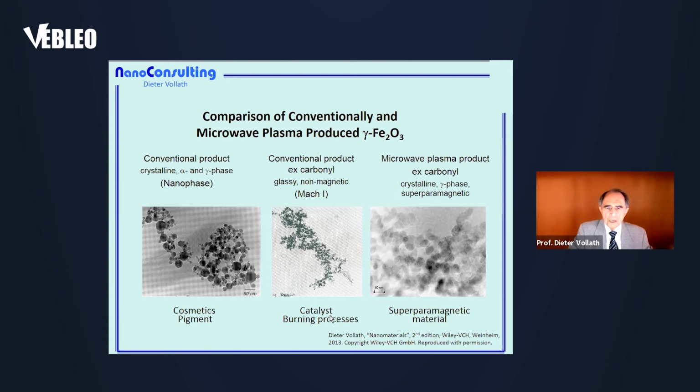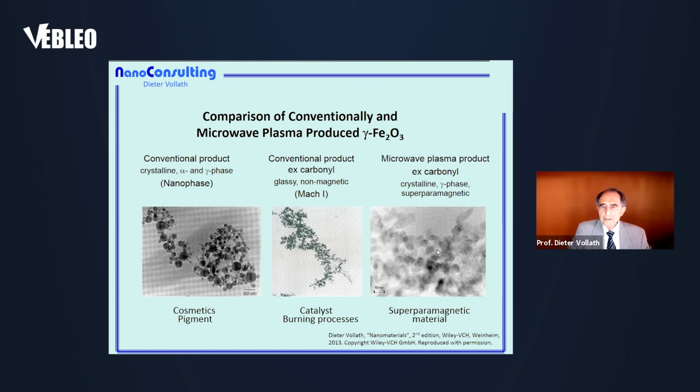This here is a very special, highly specialized product. This is iron oxide with a unique particle diameter of 3 nanometers. This material here is used as a catalyst for burning processes. Now here, last but not least, we see a microwave plasma product.